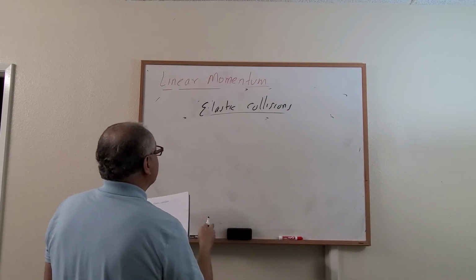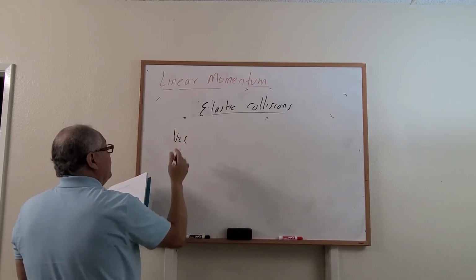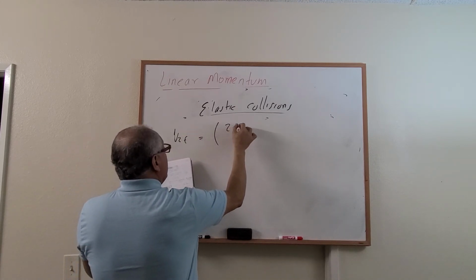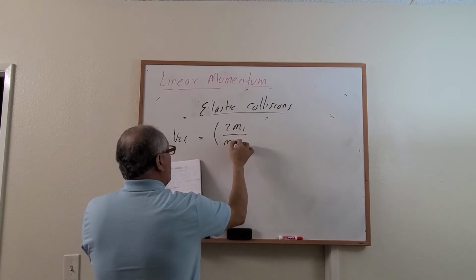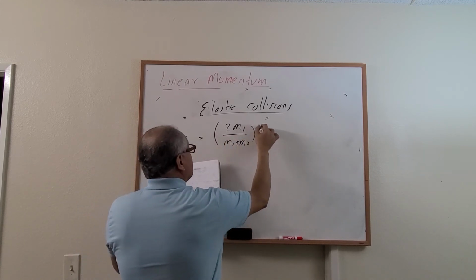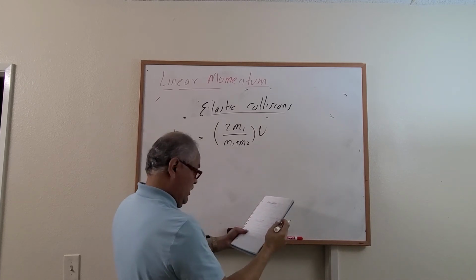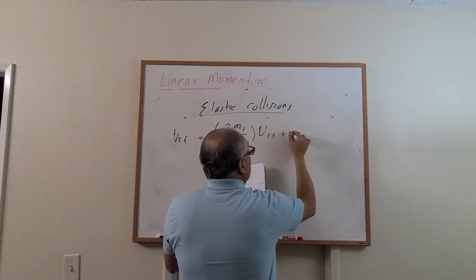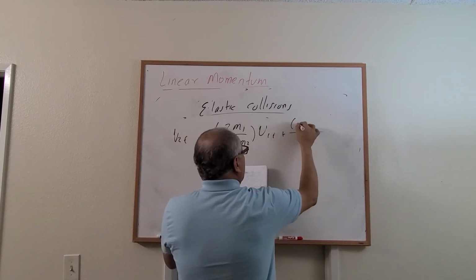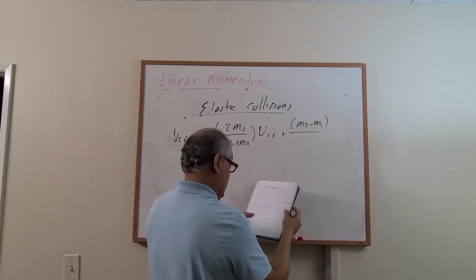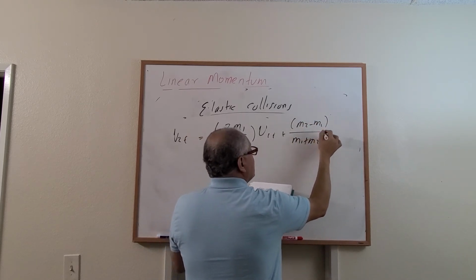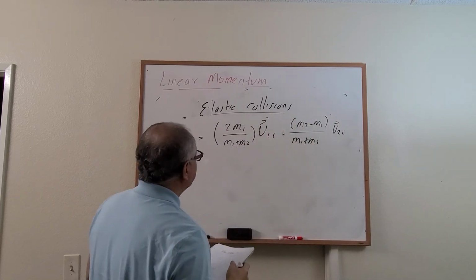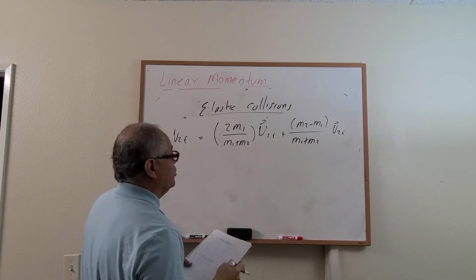This is the first equation. The final velocity of particle 1 equals 2m1 over (m1 plus m2) times the initial velocity of particle 1, plus (m2 minus m1) divided by (m1 plus m2) times the initial velocity of particle 2.